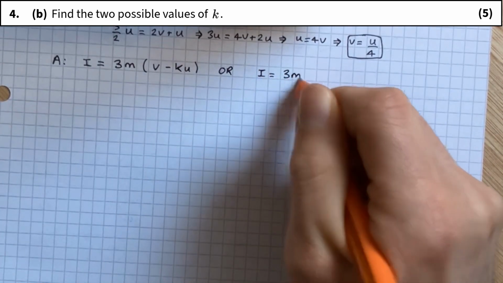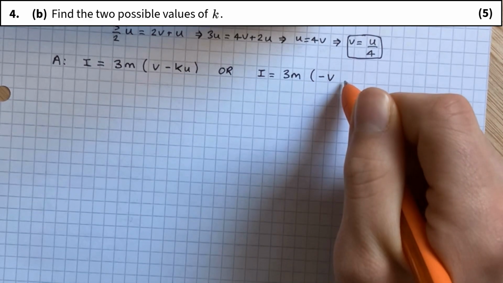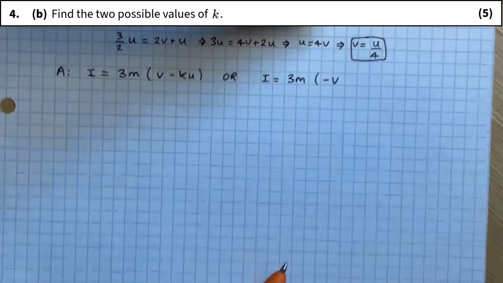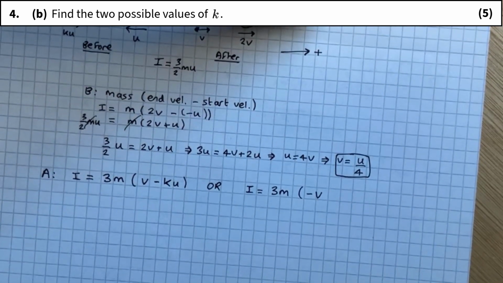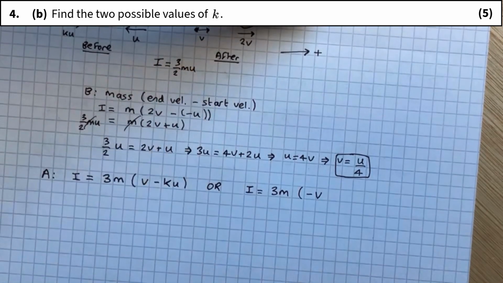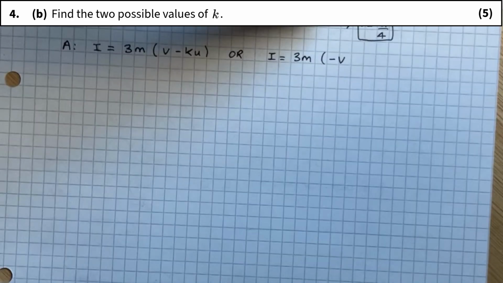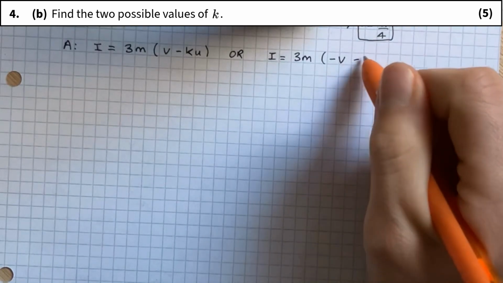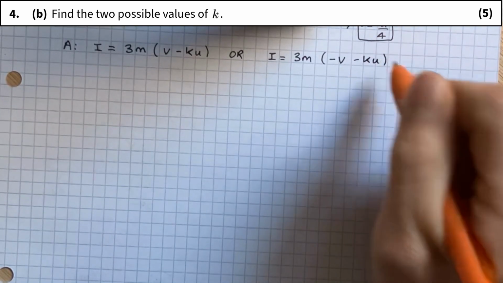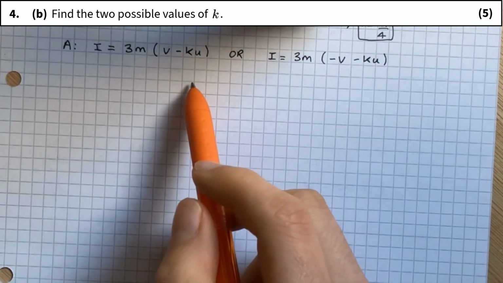Maybe v is going towards the left, in which case we'd have to flip the sign like this. So in the diagram, maybe it's going towards the left, which is the opposite of the positive direction. The starting velocity is still the same. That's not going to change. So we've got the two different cases.